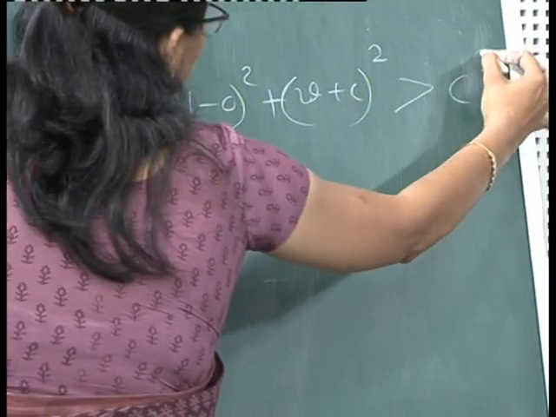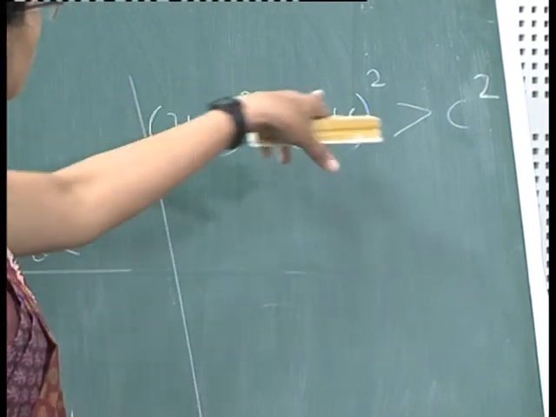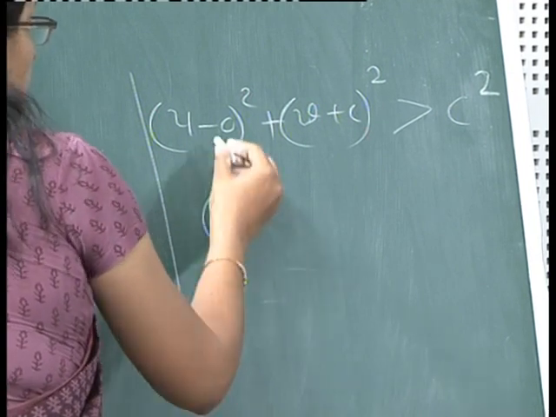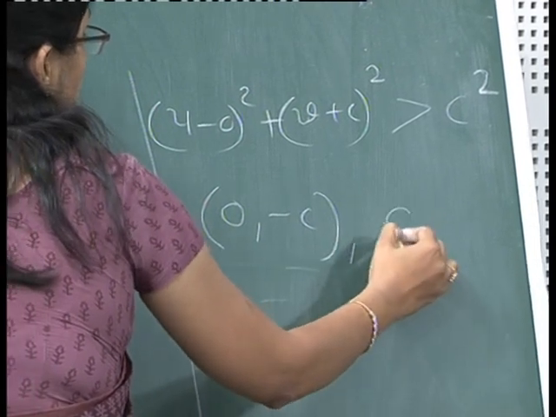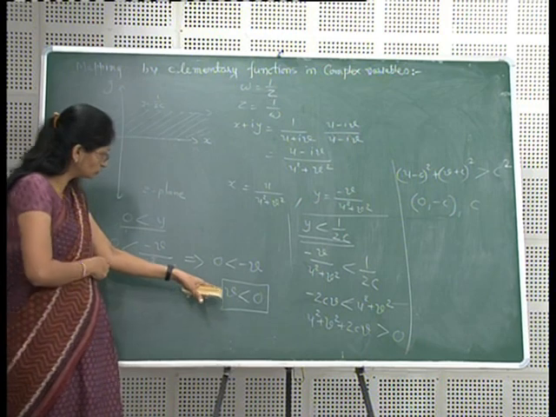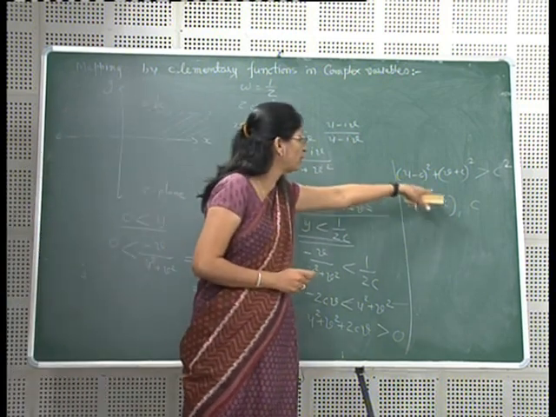So this is the exterior part of the circle with the center 0, minus c and the radius c. Okay, so we find the image: v is less than 0 and the exterior part of the circle.